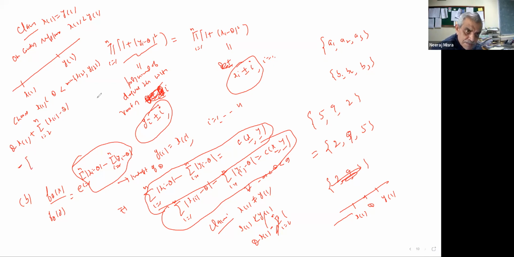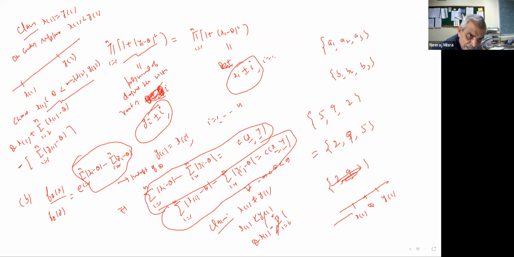Minus, what would this quantity be? Each of the yi is bigger than theta, so it would be the summation for i equal to 1 to n of yi minus theta, for every theta in this interval.